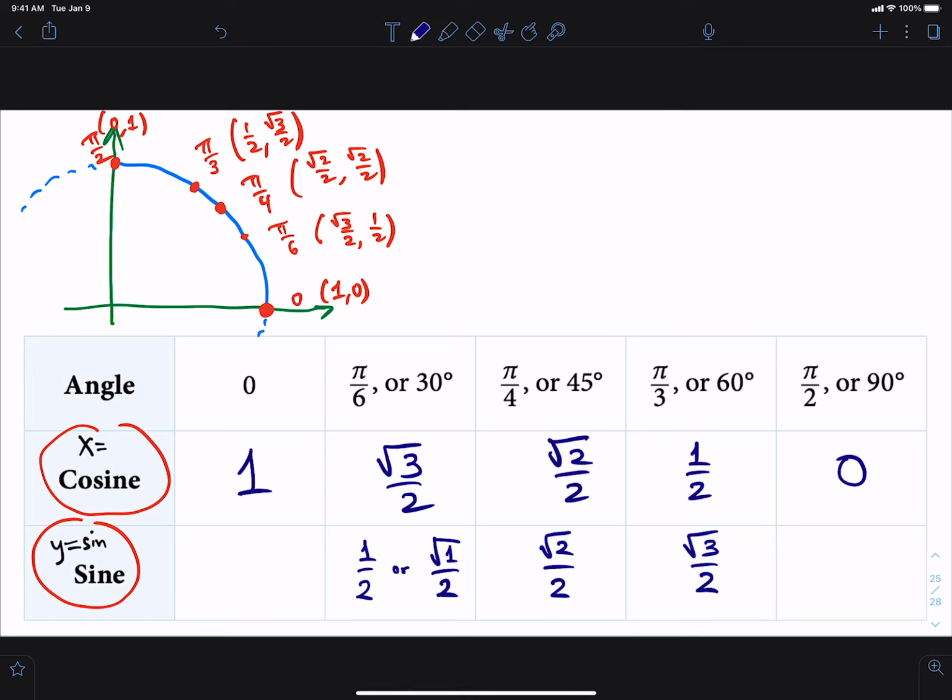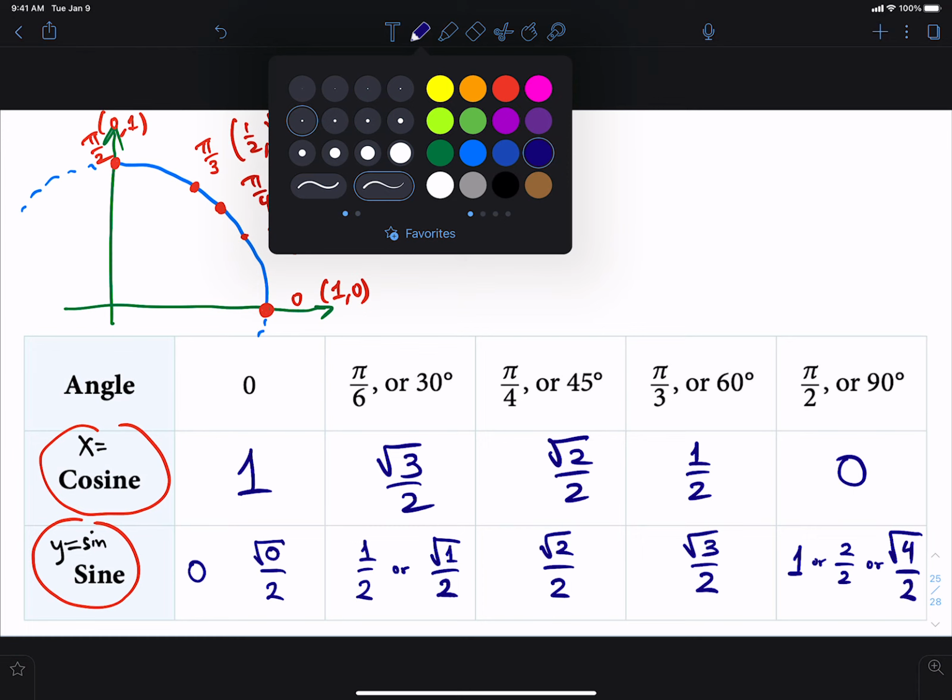And then for pi over 2, the y-coordinate is 1. That's the same as 2 over 2. And so we could actually write that as root 4 over 2. And then, of course, for 0, the y-coordinate is 0. And that's the same as 0 over 2. We could make that root 0 over 2.